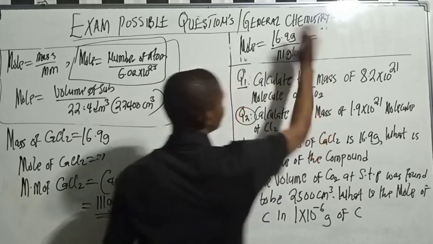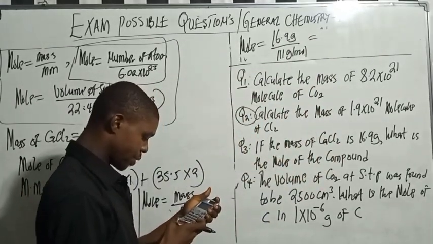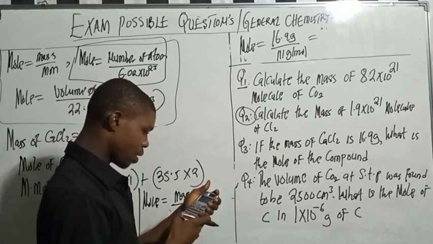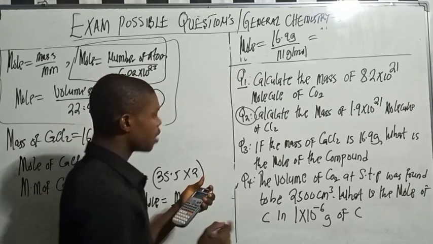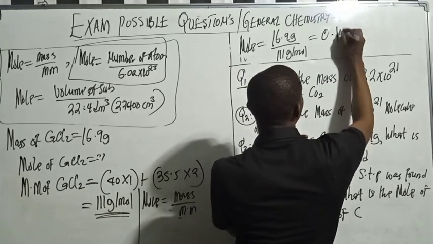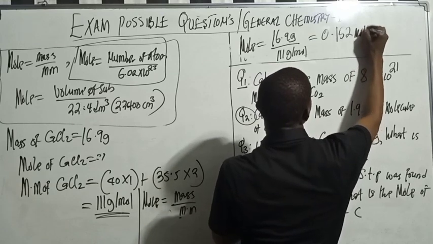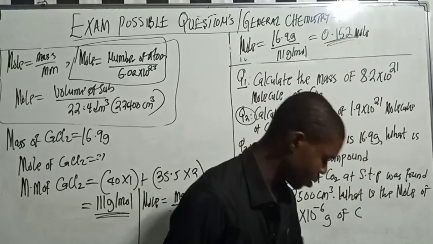If you do the division, 16.9 divided by 111, you have 0.152 mole. That is the answer.